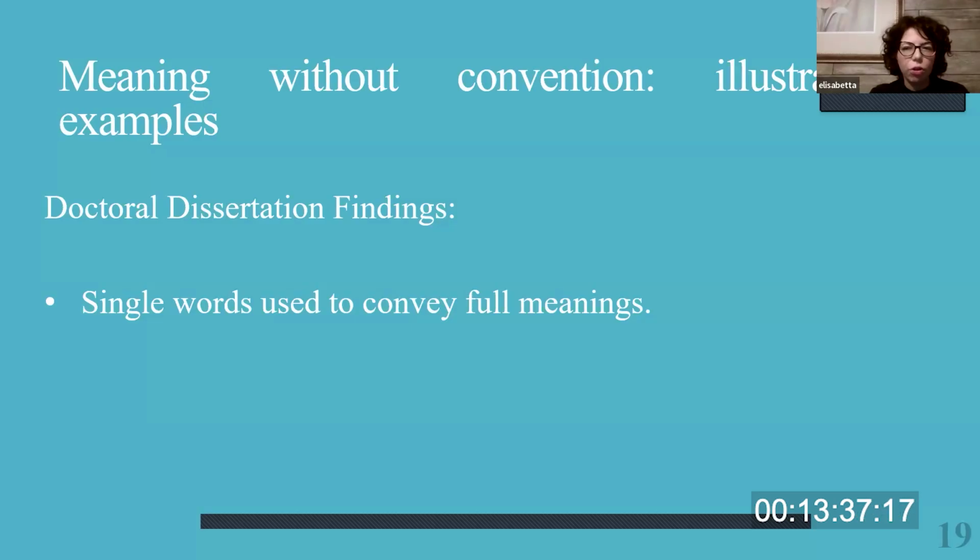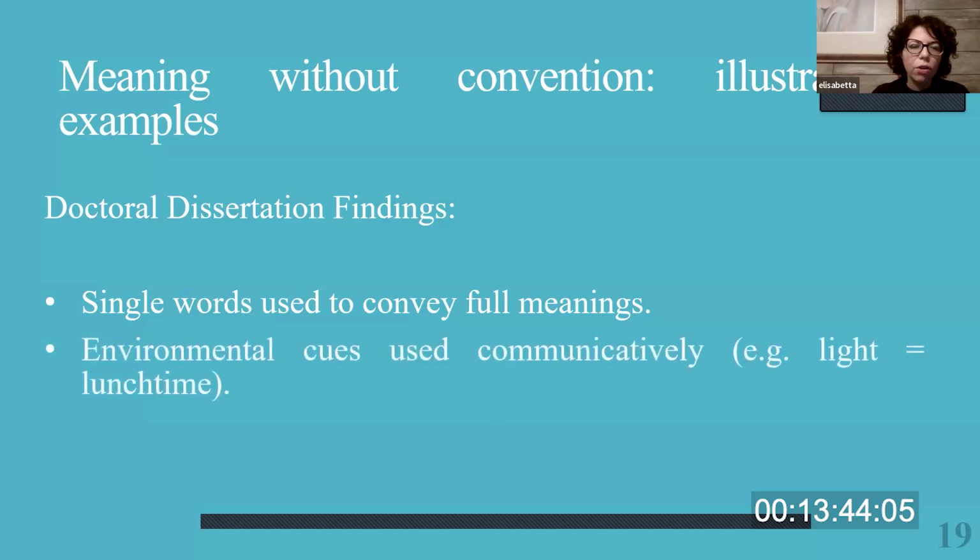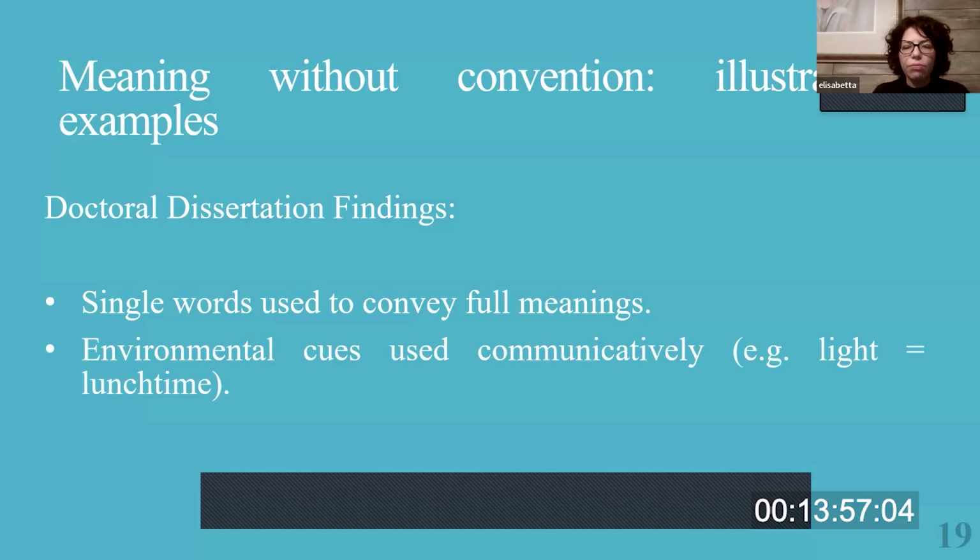Instead of saying they would like to go to the bathroom, mom could replace the entire sentence. Or another guy, for example, used environmental cues or environmental factors in order to make a word or a concept clearer, like, for example, the case of lunchtime.